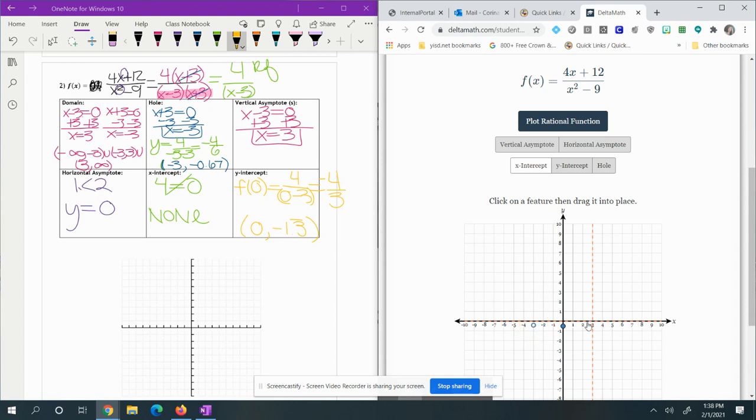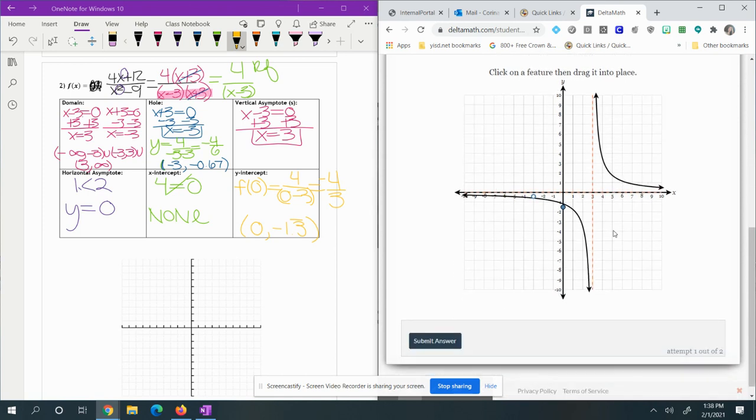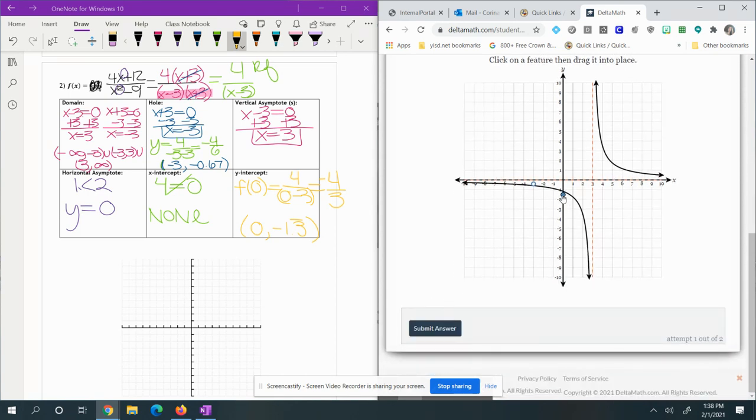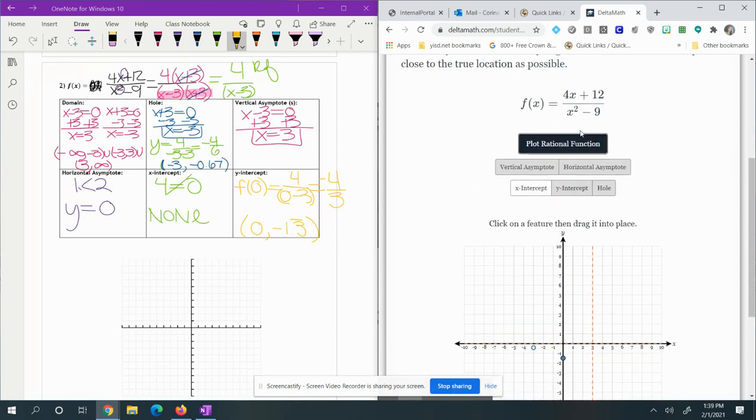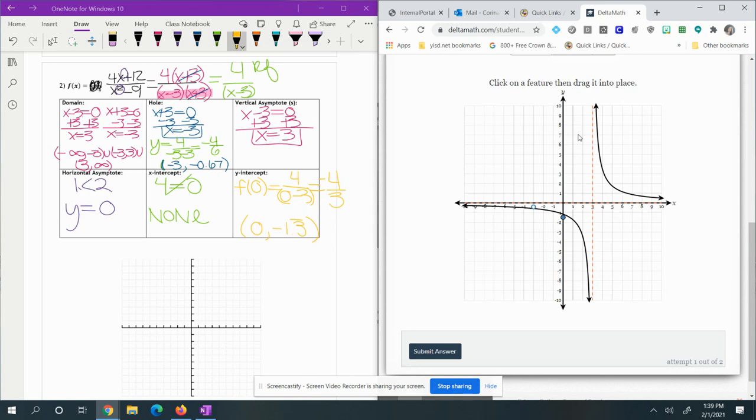You know what I have wrong? I have this one wrong. It's negative 1.3, so it needs to be between negative 1 and 2. Okay. And we plot the rational function. I'm going to move this just a tiny bit because it doesn't go through it. Okay. Rational function. Well, that's as good as it's going to get.